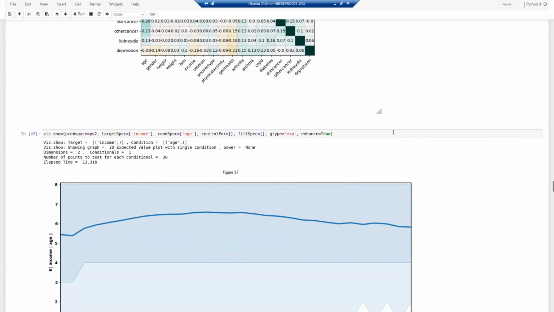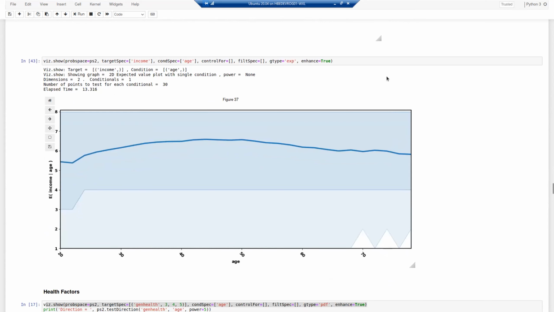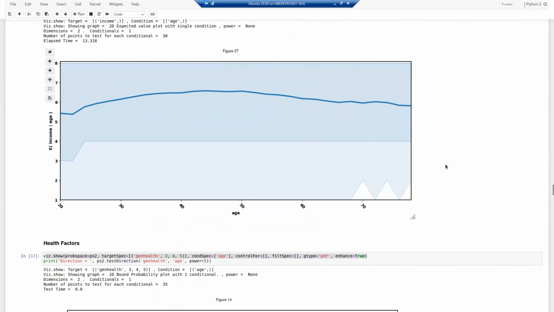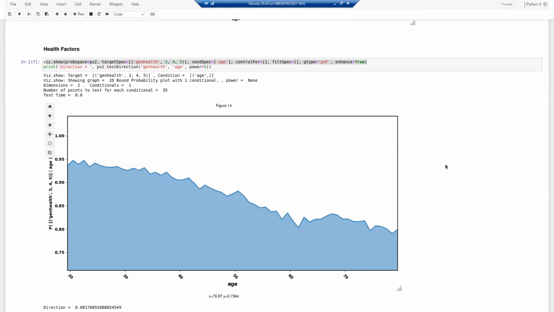Not surprising. All right, so we talked a little bit about this variable, income with age, and you can see that it goes up over time and then goes back down. There's very little correlation because of that, but definite dependence. Here we're looking at some health factors.